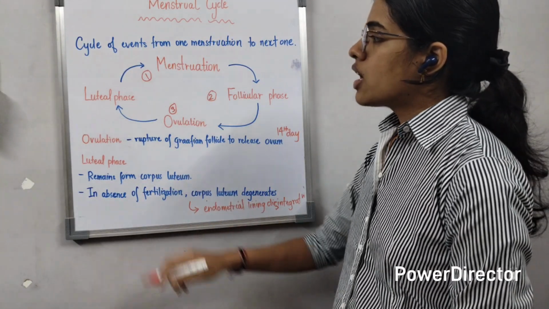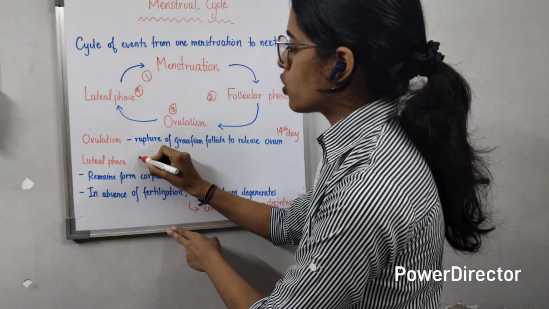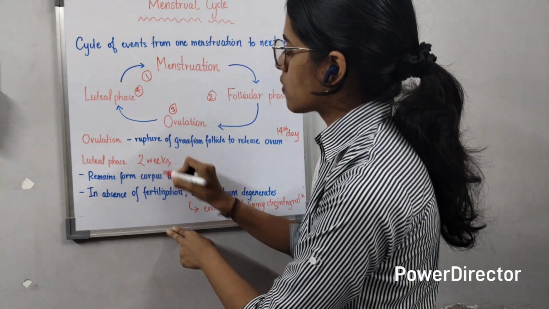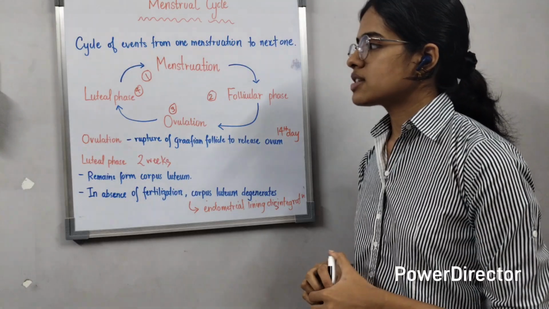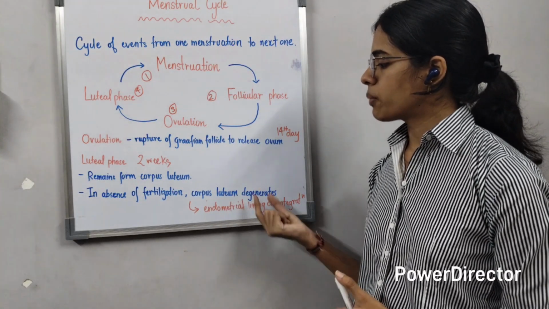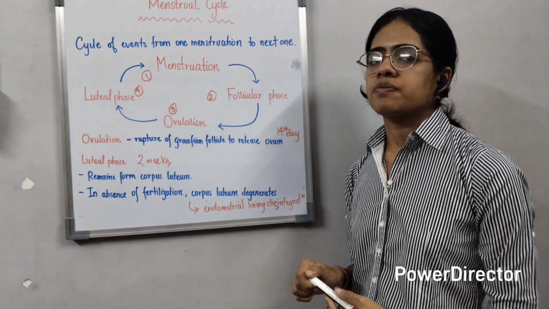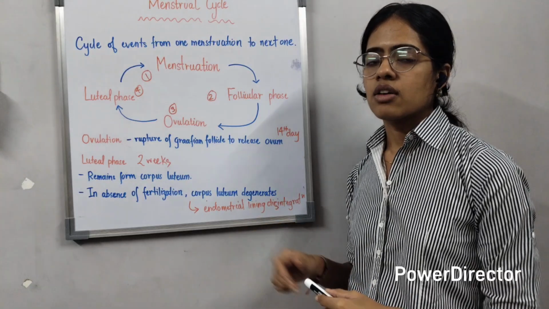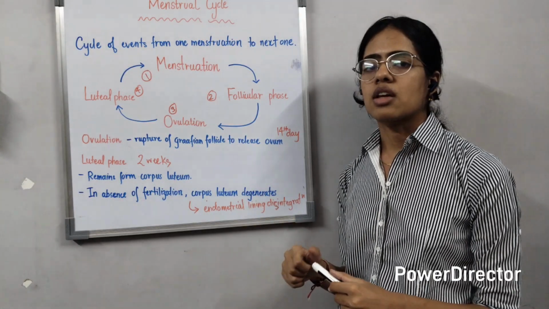The luteal phase takes place for around 2 weeks, which eventually leads to the degeneration of the corpus luteum and then the endometrial lining. I hope you understood the topic. These are the events which occur in a menstrual cycle.